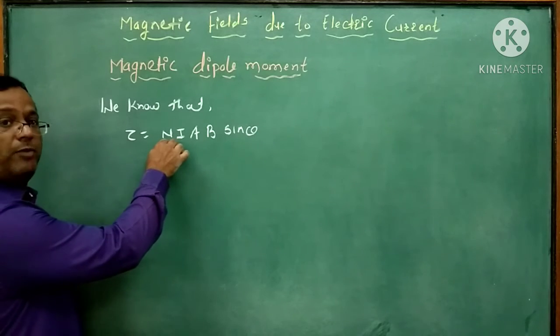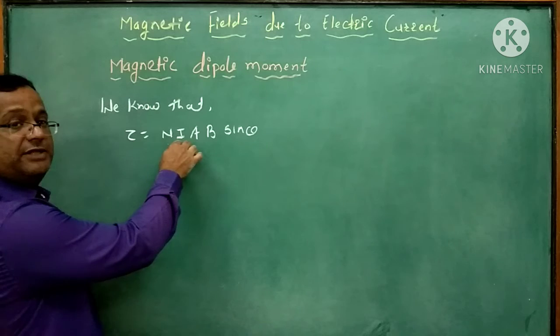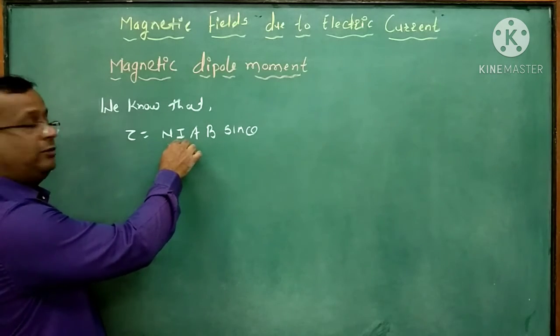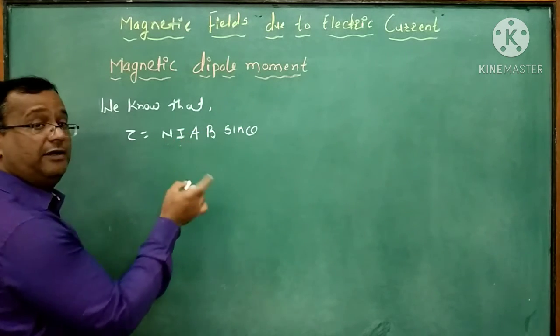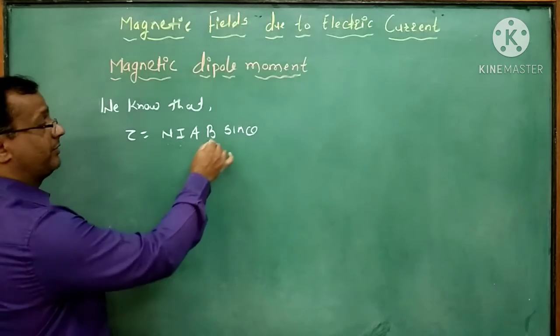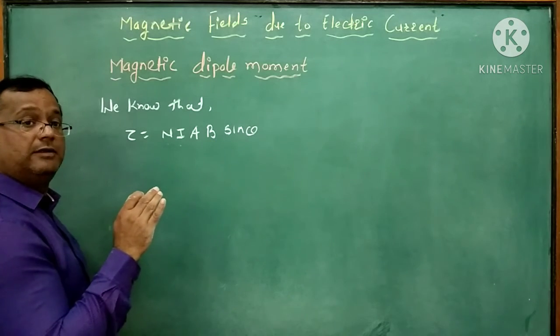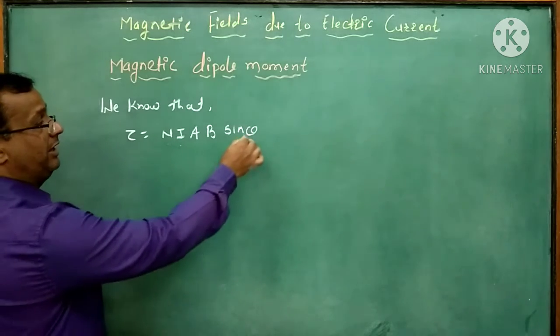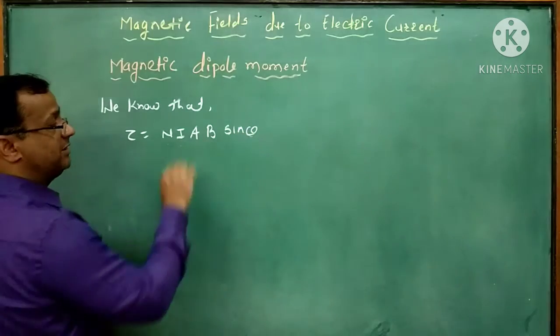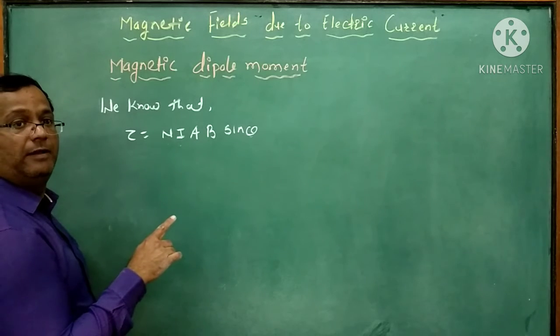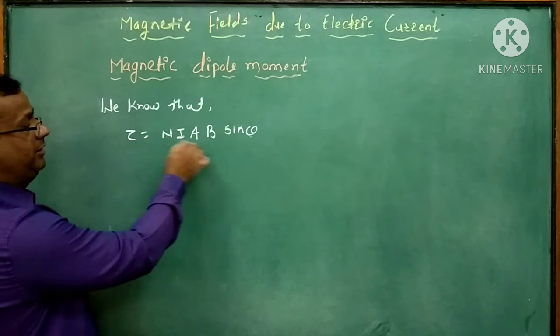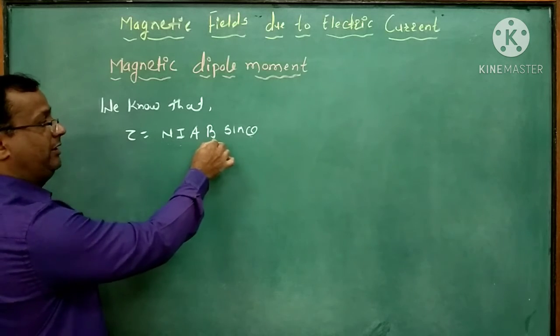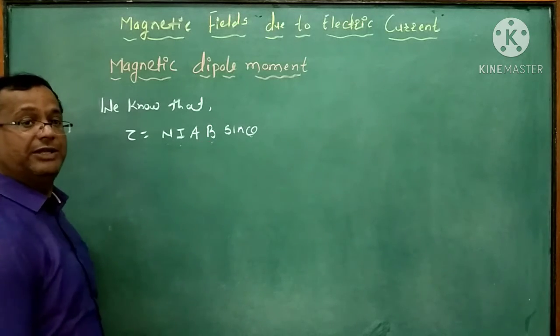Here N is the number of turns, I is the amount of current flowing through each turn, A is the area of the coil, B is the magnitude of magnetic field, that is magnetic induction, and theta is the angle between the magnetic dipole moment and the magnetic induction.